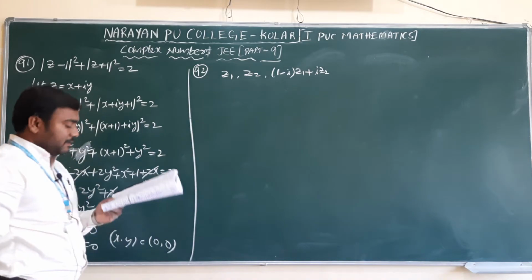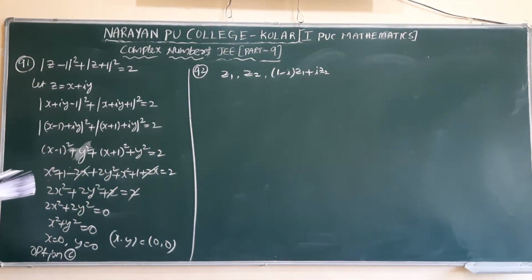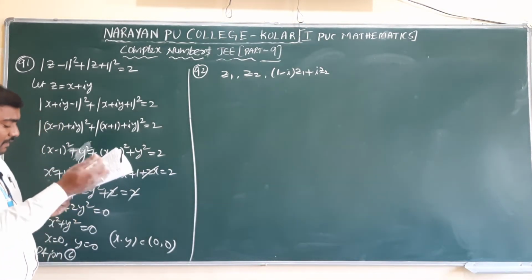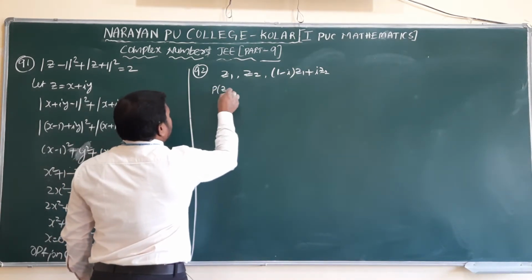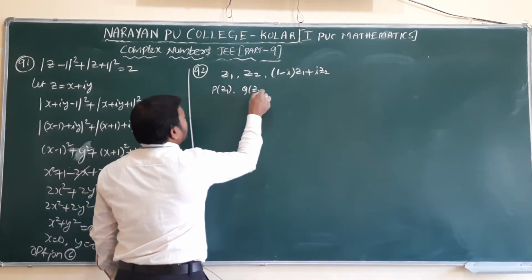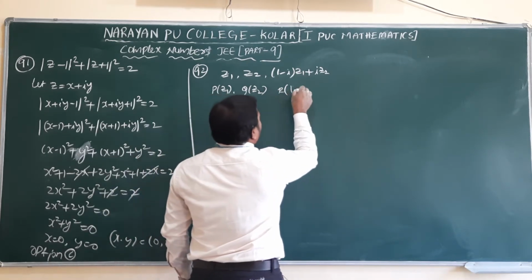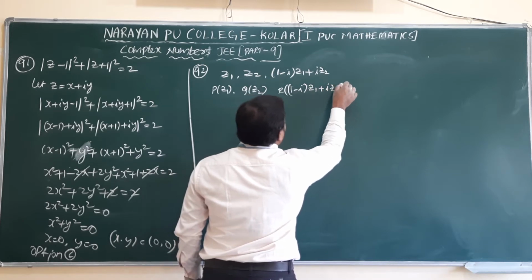Here the triangle is given with vertices at the points z1, z2, and 1 minus i z1 plus i z2. Now we have to represent the point P as z1, Q as z2, and the point R as 1 minus i z1 plus i z2.